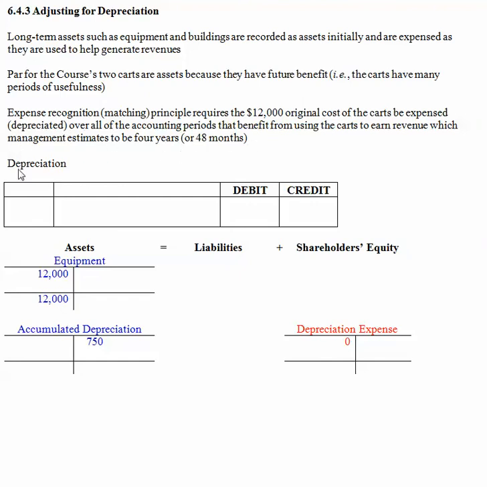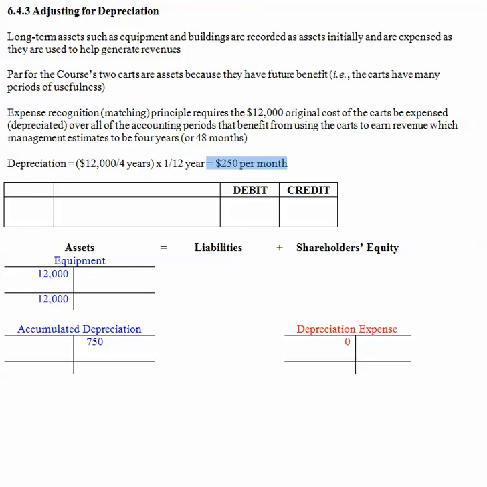So the amount of depreciation to record for the month of May is calculated by taking your cost of the carts, 12,000, divided by the total time, which is 4 years. But remember, we're doing monthly financial statements, so we have to multiply that by 1/12 to get 1 month's use of these carts.